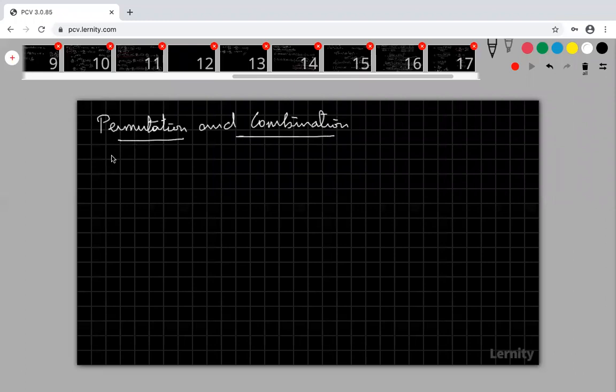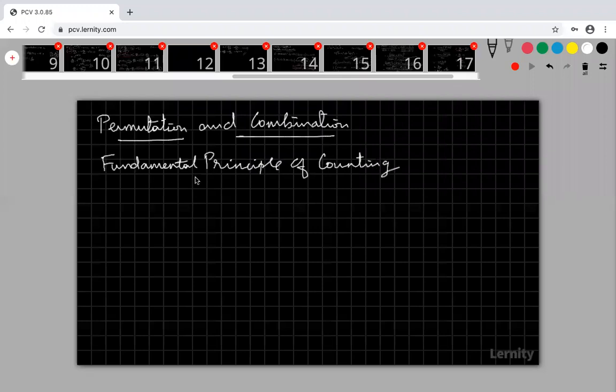Before going to permutation and combination, we are going to concentrate on the fundamental principle of counting.